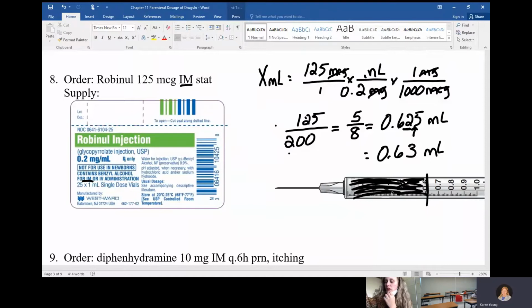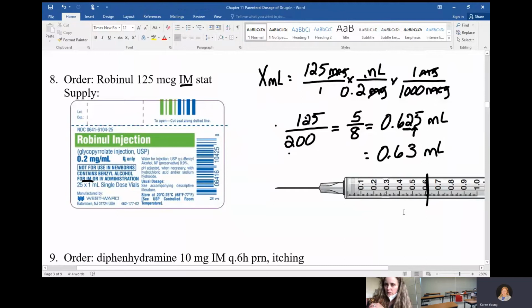Do I need you to erase something? Erase my scribbling so y'all can see a little bit better. All right, so questions on number 8. Are we good? Okay. Let's see what else I got over here.